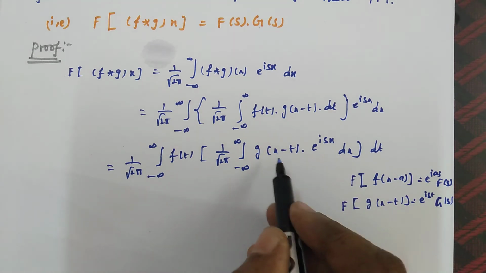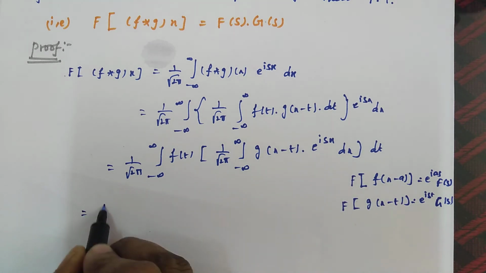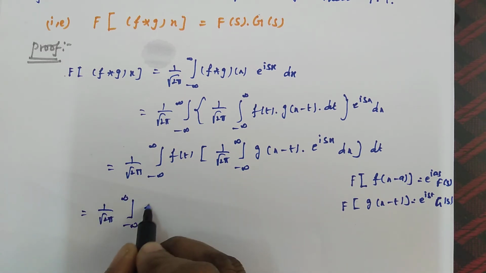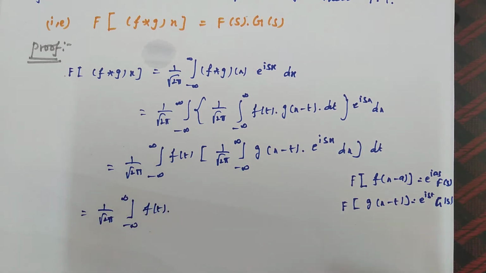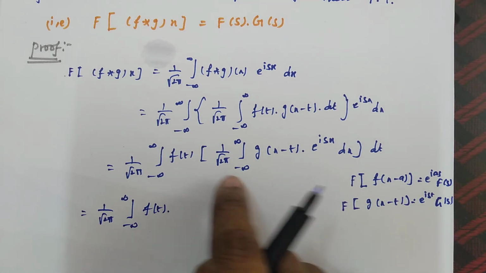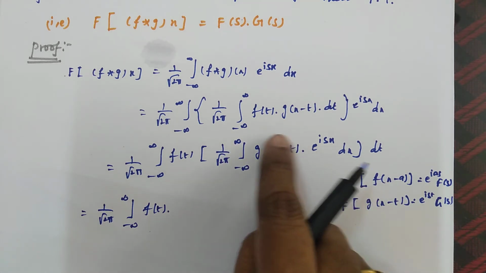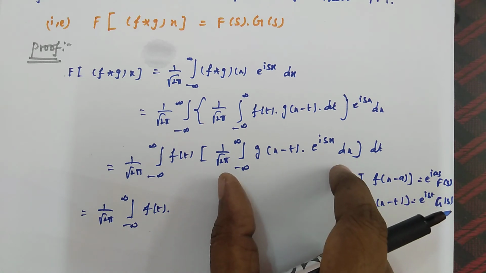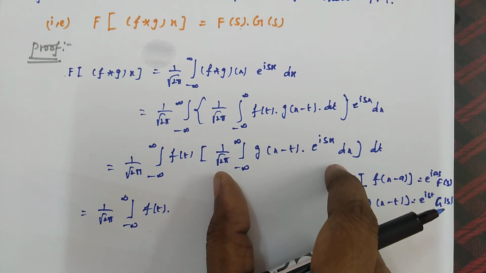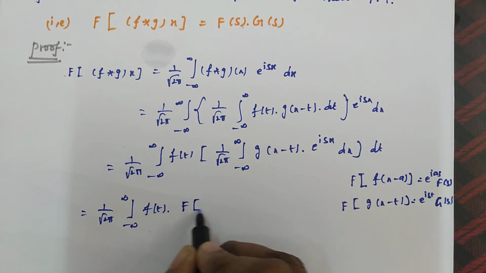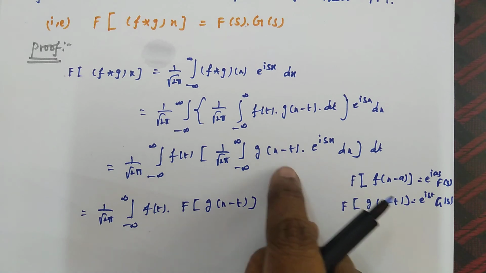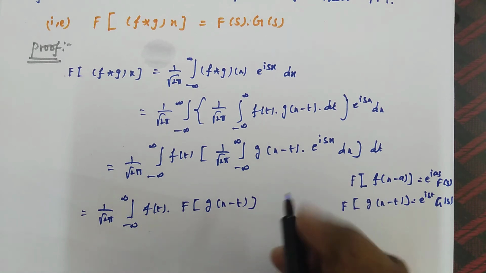So before applying that, we will do this one, 1 by root 2 pi integral minus infinity to plus infinity f of t into, now look at this, 1 by root 2 pi integral minus infinity to plus infinity some function into e power isx dx, that is nothing but the Fourier transform definition. So this is nothing but the Fourier transform of g of x minus t.